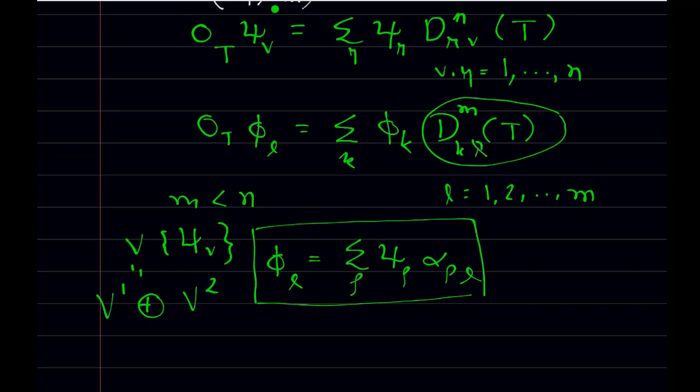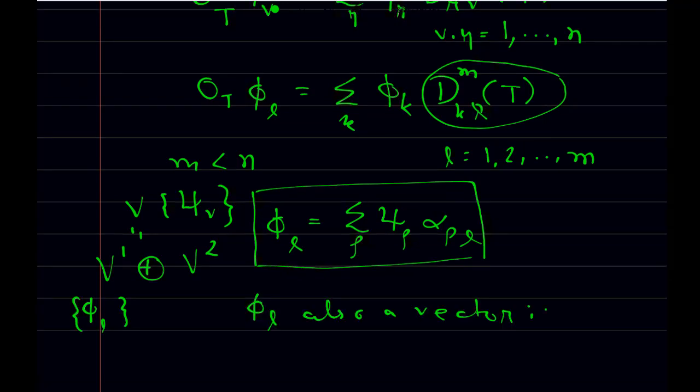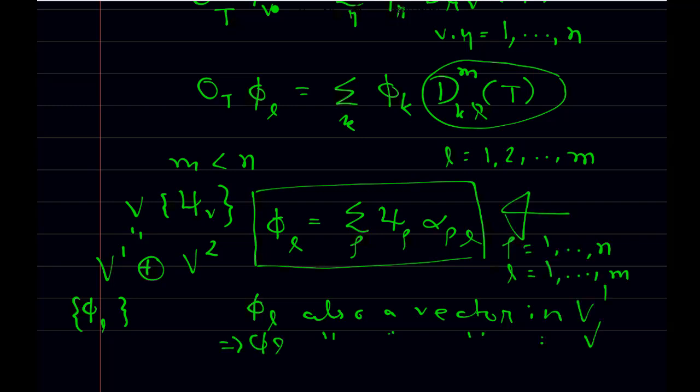That implies phi of L is also a vector in the big V, and hence I can write phi of L as a linear combination of the basis set psi of rho. Can you tell me where rho is going from and to? Rho is going from 1 to n, and L here is going from 1 to m. So if m and n are different, then you will get a rectangular matrix. If n and m are the same, then you'll get a square matrix. We will come to this part later on.